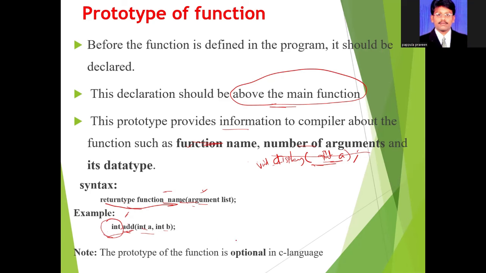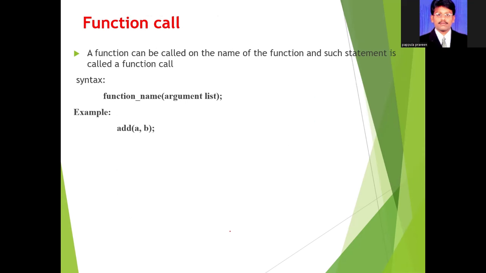Now, the prototype is optional in C language. In C language it is optional, but if you want to execute your program in a C++ editor, the prototyping is a must. Otherwise, there is no need. Clearly, right? So the prototyping is written before the main function, right?